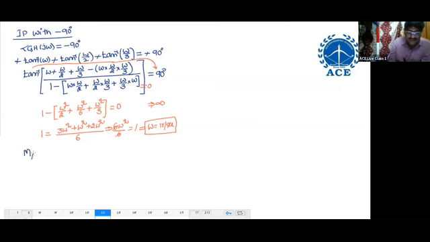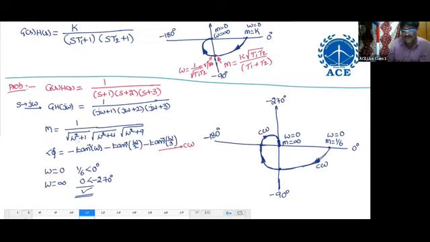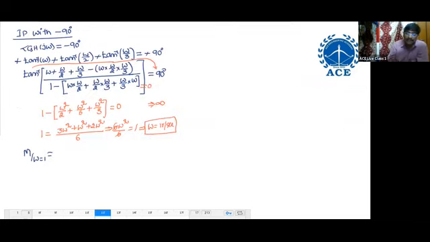Substitute omega 1 in the magnitude: 1 by root 2, root 5, root 10, which equals 0.1. So the intersection point with minus 90 is 0.1 at angle minus 90.